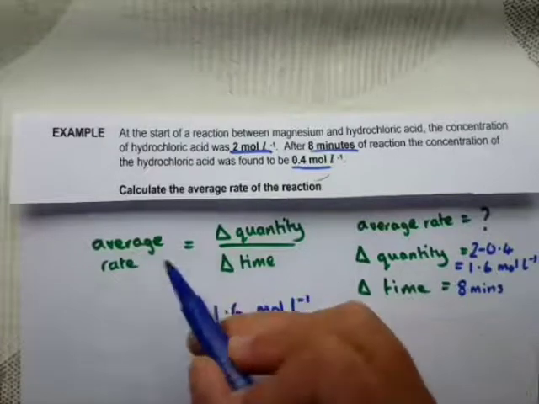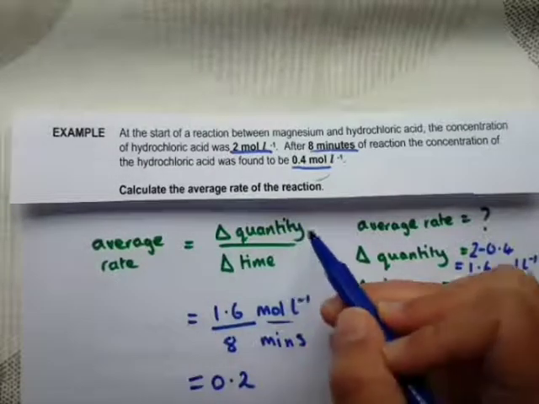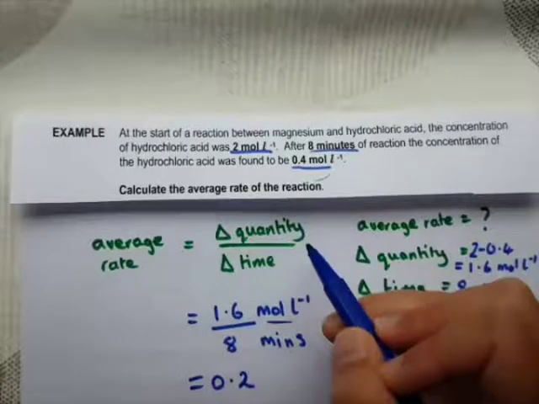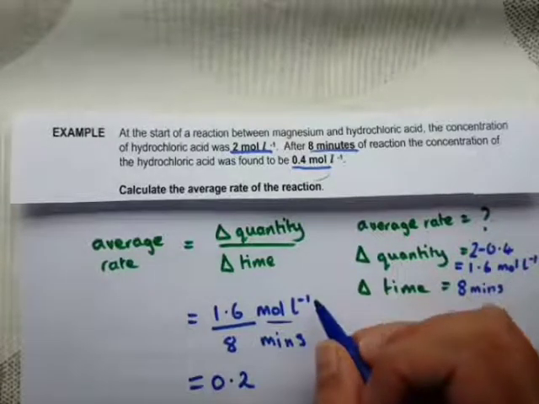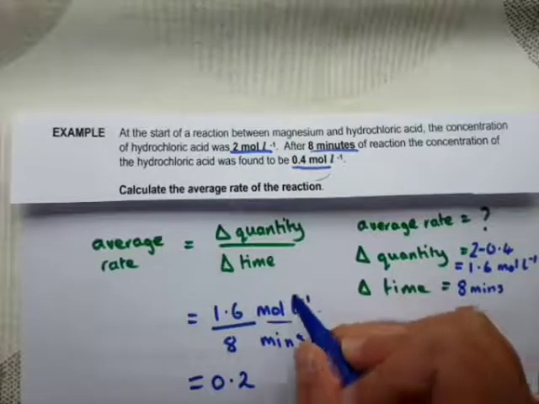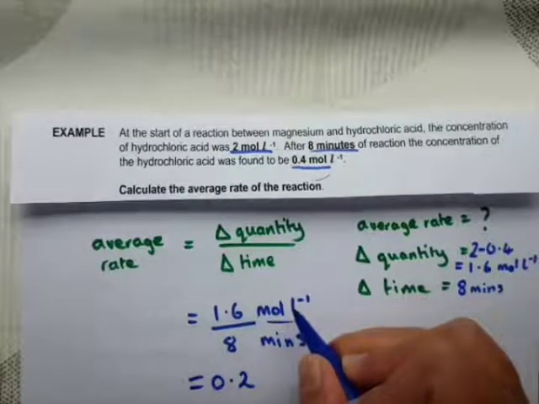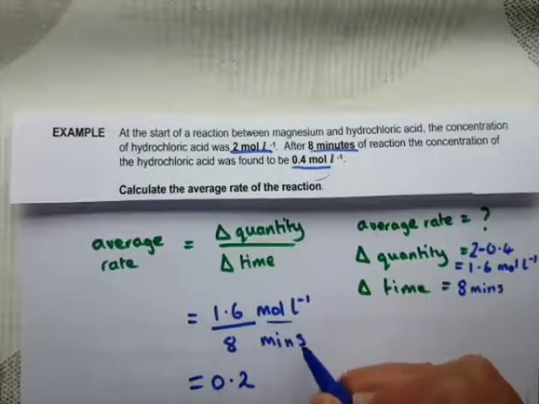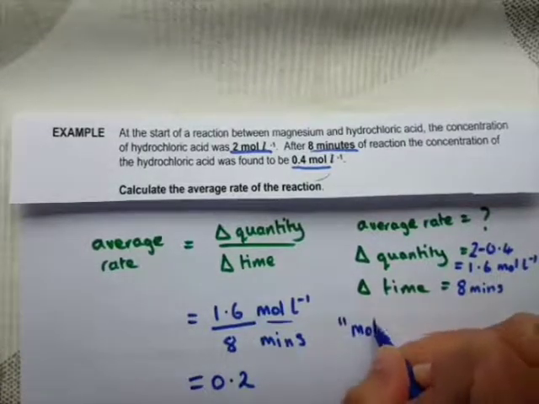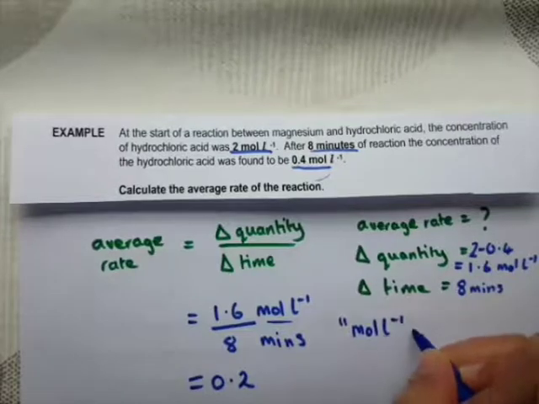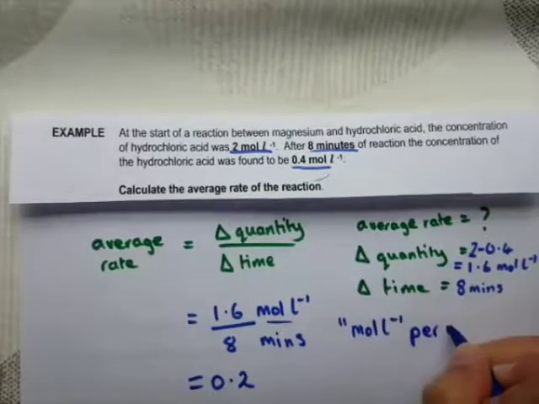Just as if you were doing speed equals distance over time, your speed would be in, say, kilometres per hour or metres per second. So the way to think about it is our units of rate are going to be in whatever the units of quantity are per whatever the units of time are. So I'm just going to write that out here. Our units of rate are mole per litre per min.